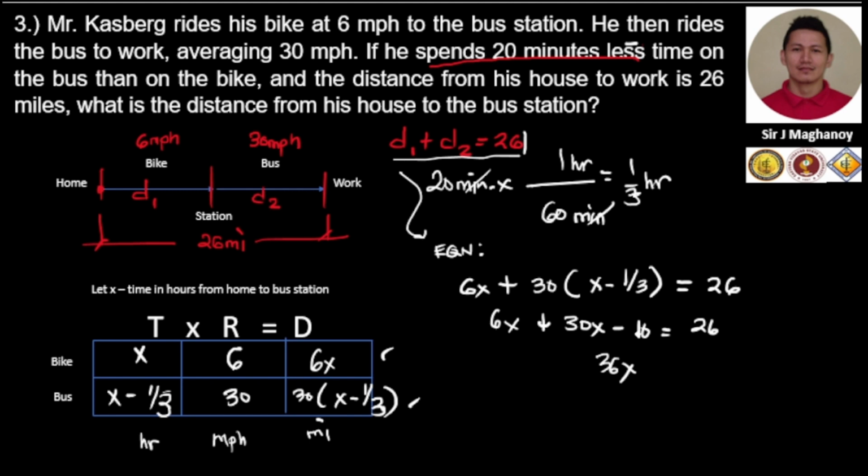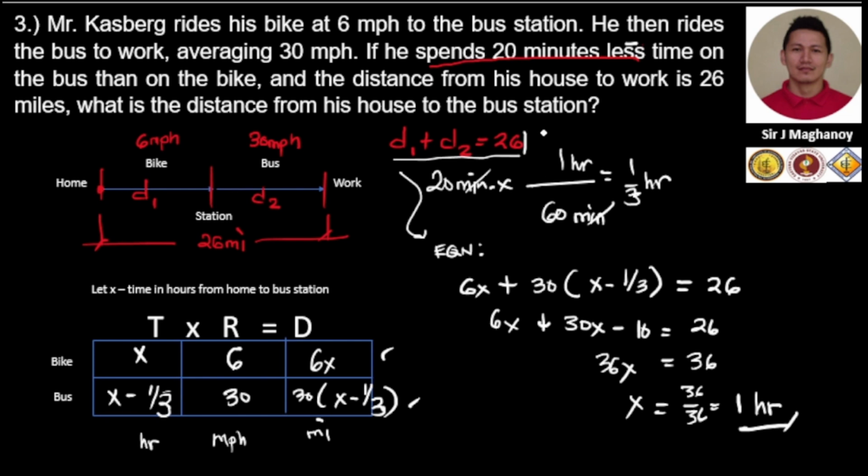Transpose negative 10 to the other side, that will become 36. Finally, x is 36 over 36, or equal to 1. What is the unit of our x? That is 1 hour.